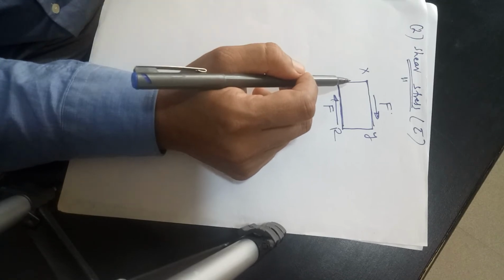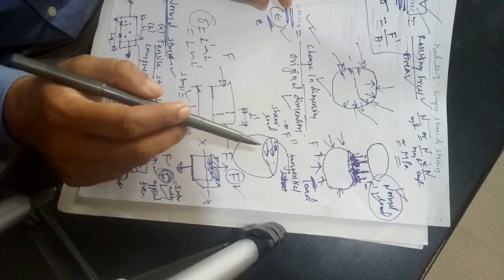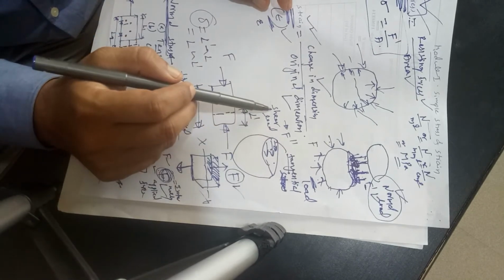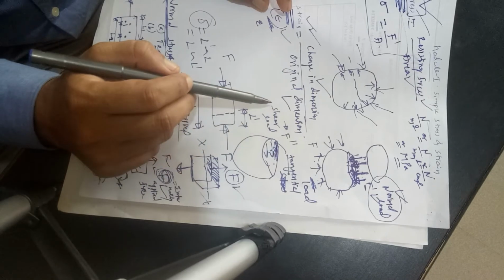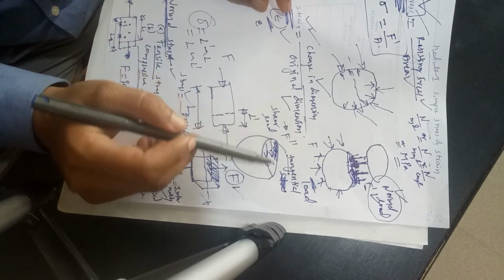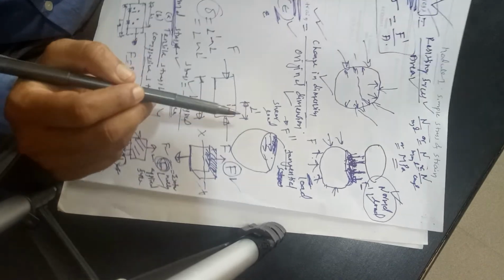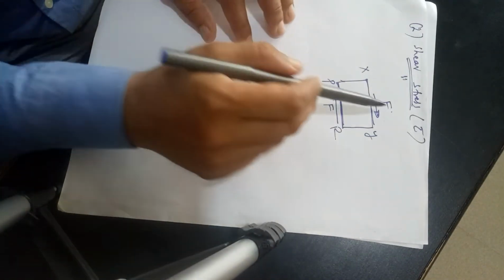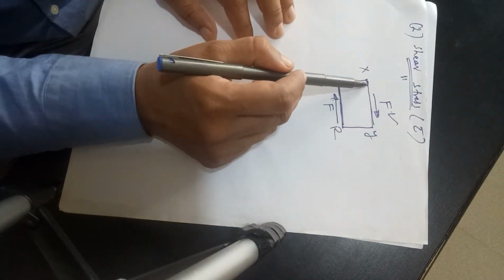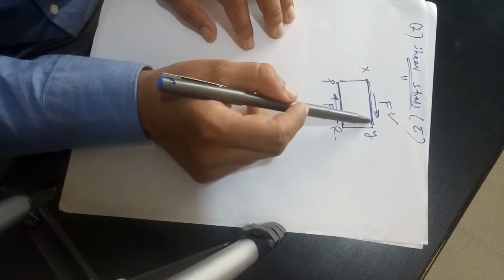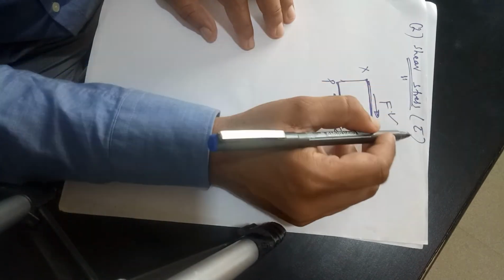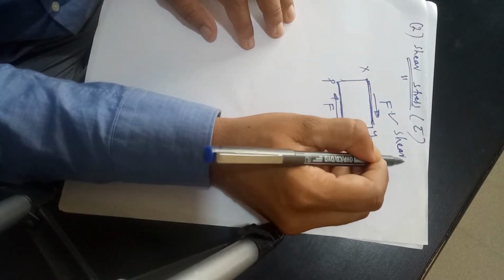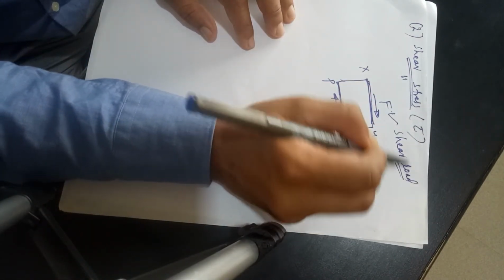While telling you the definition of shear stress, I gave the example of this one. Shear stress is nothing but the stress which acts parallel or tangential to the surface. Here this load is acting along the plane, or parallel to the plane, or tangential to the plane, so it is called a shear load.